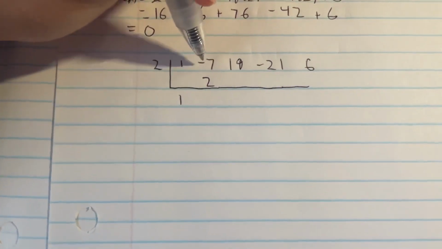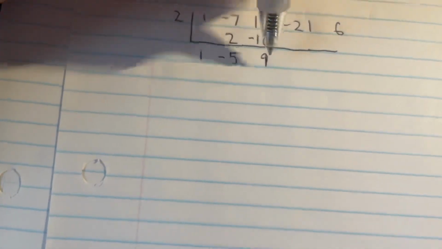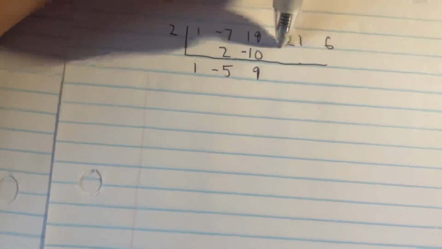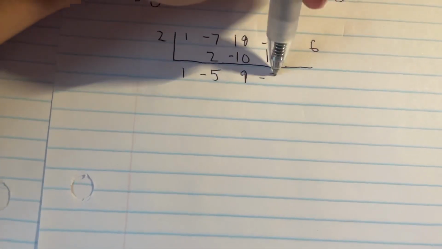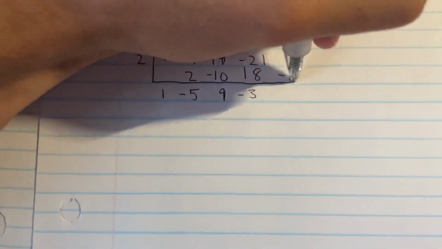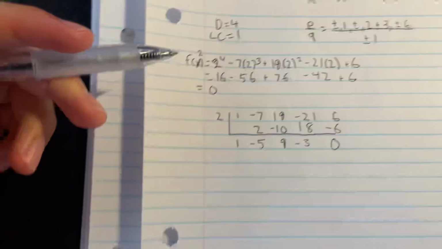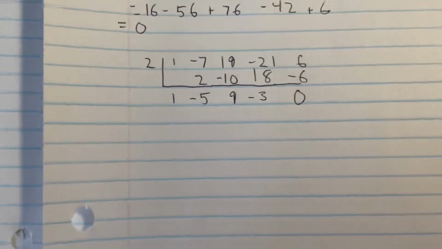So negative 7 plus 2 is negative 5. Then 2 times negative 5 is negative 10, so 19 plus negative 10 is 9. 2 times 9 is 18, which gives us negative 3. Then 2 times negative 3 is negative 6, so 6 plus negative 6 is 0. So 2 is a root, or a zero.